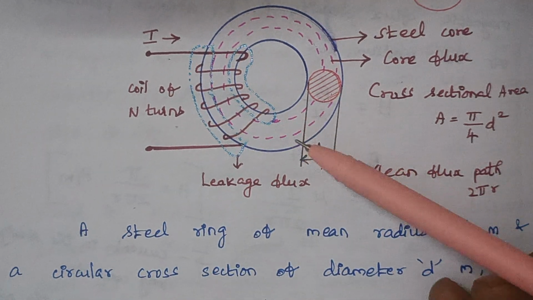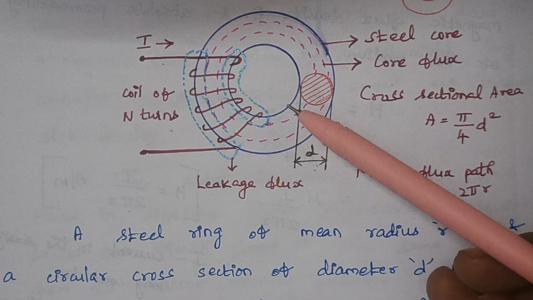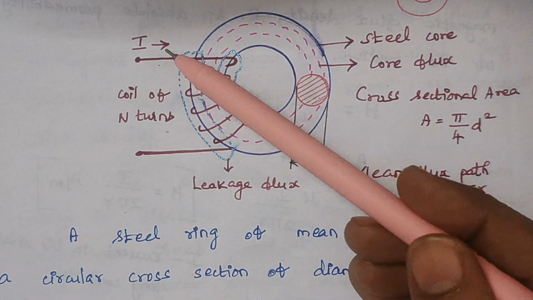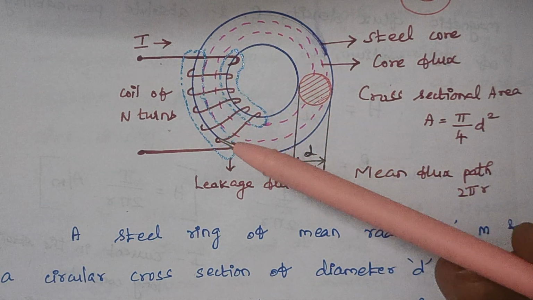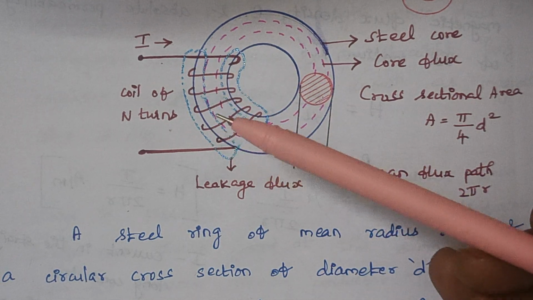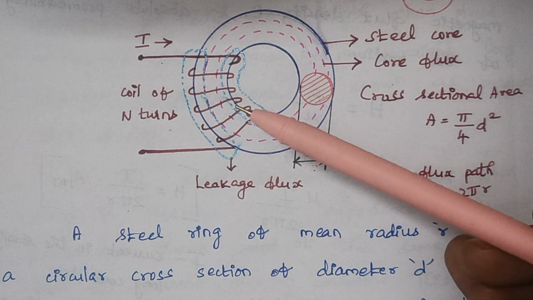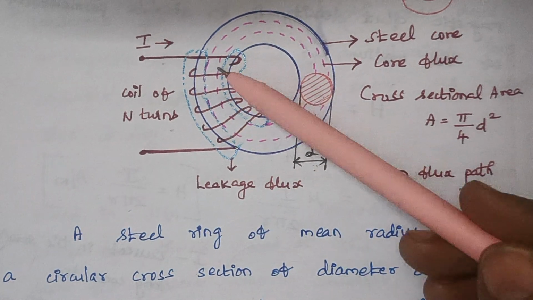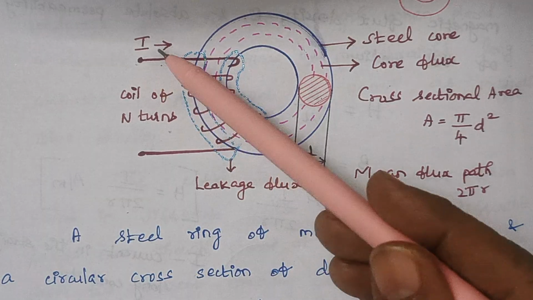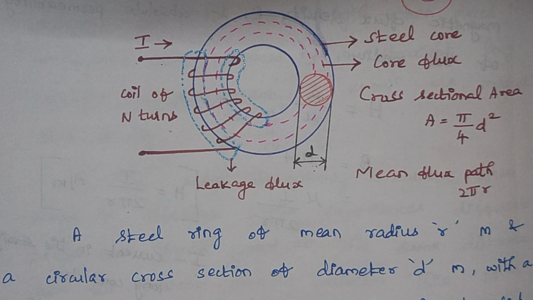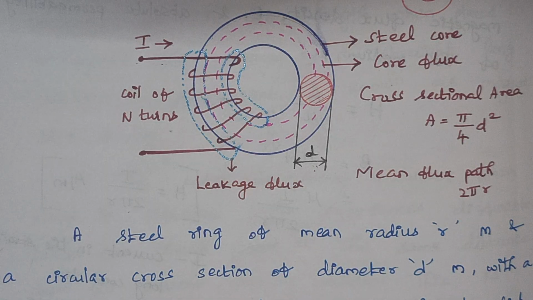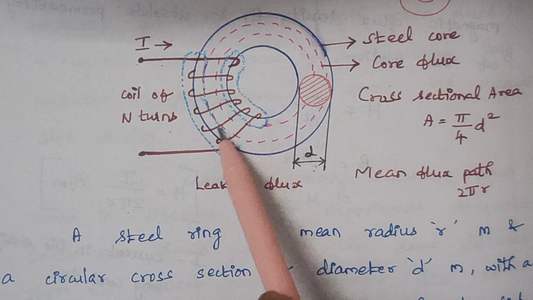So this magnetic flux is generated because of this current I, which flows through this coil. Therefore, the magnetomotive force is nothing but the product of the number of turns and the current that flows through this coil. The magnetic flux is generated because of the current that flows through these coils.